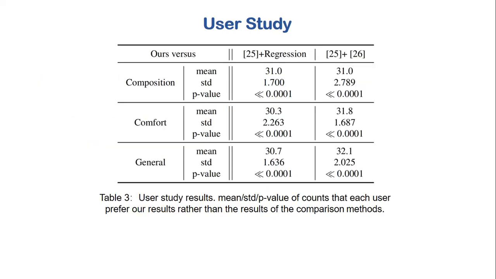For each participant, we calculate the number of times of selecting our results rather than those of comparison methods in the certified comparisons. On average, users prefer ours in more than 30 out of 35 cases when considering the image composition, visual comfort, or general visual quality.